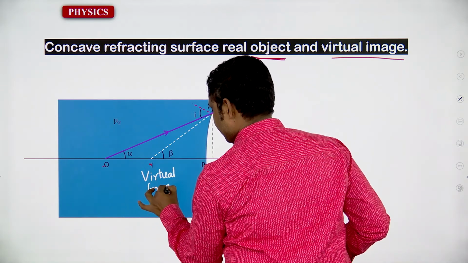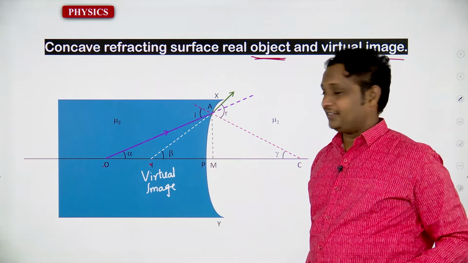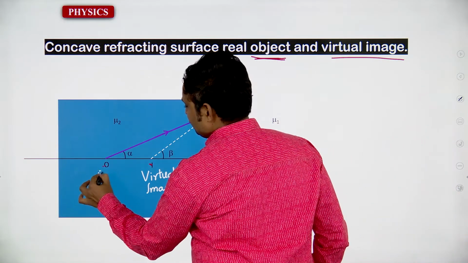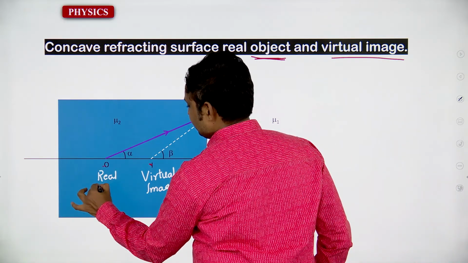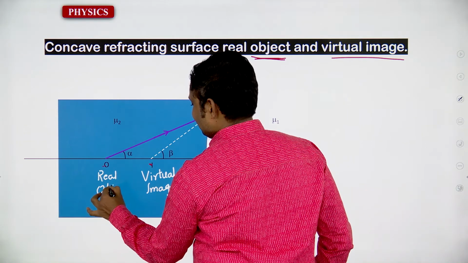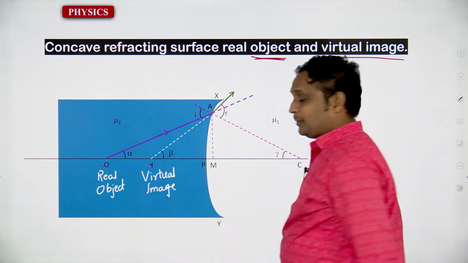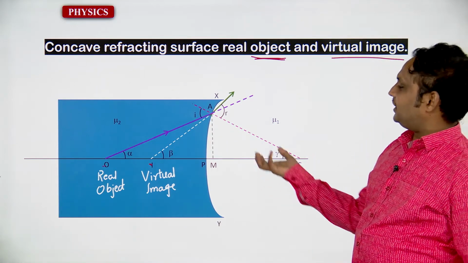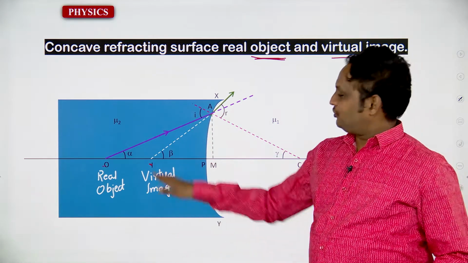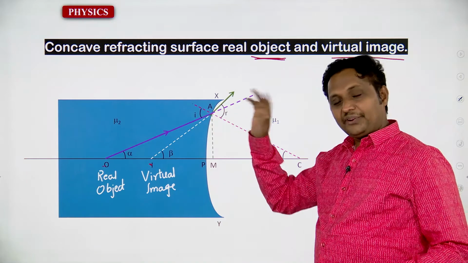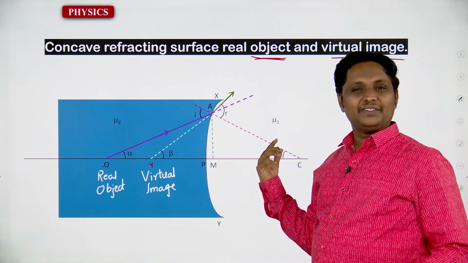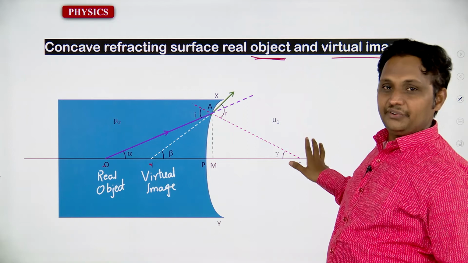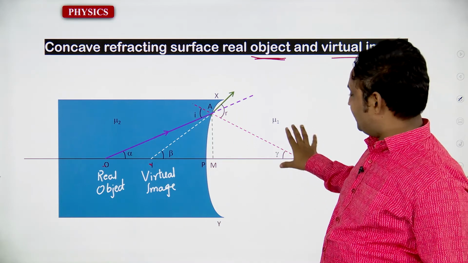You have to identify this one. This is going to be the real object. It has been defined by its position with respect to the principal axis which originates here. If the refracted ray cuts the principal axis after refraction, it is in the right place.